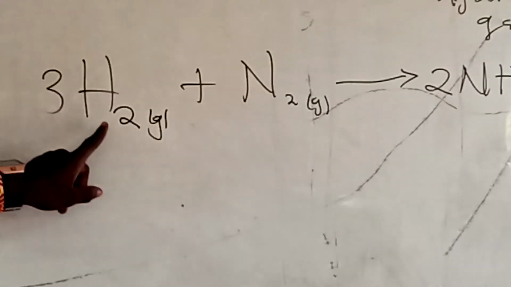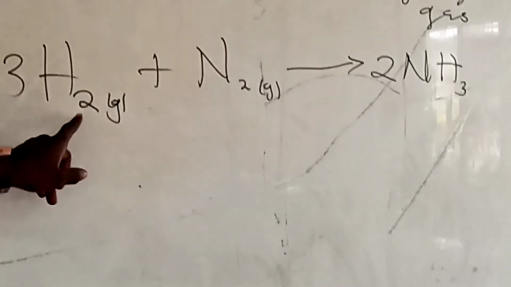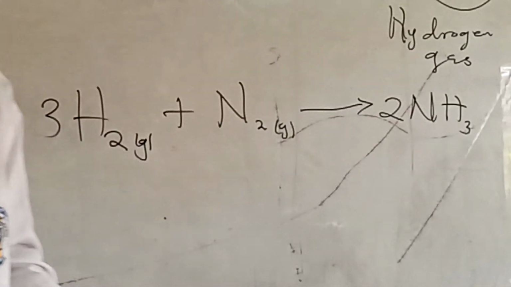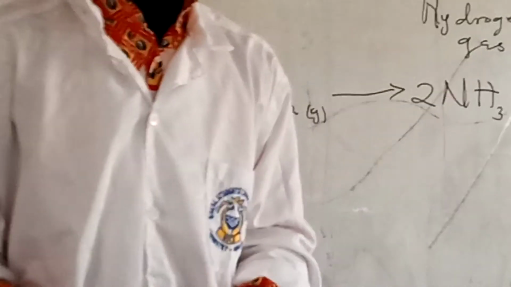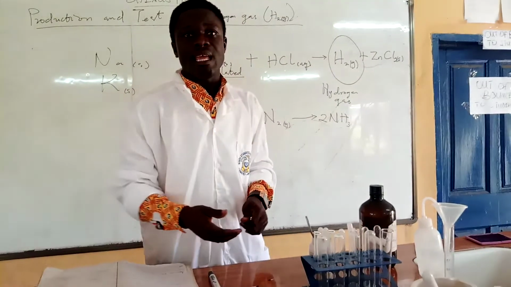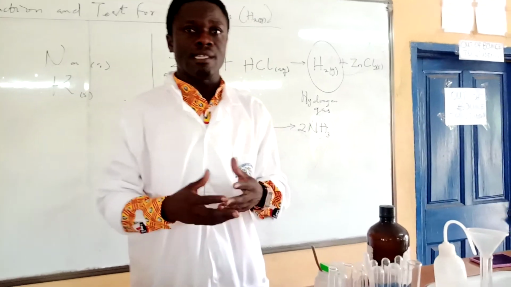So hydrogen gas is used. Don't forget, this is hydrogen gas plus nitrogen. Then we get ammonia through the Born-Haber process. Hydrogen gas can also be used in the welding industry for the cutting of steel.